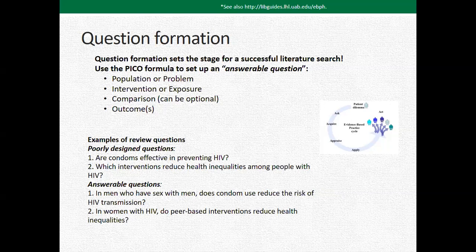The second one at the top is, which interventions reduce health inequalities among people with HIV? A better way to ask that, again, is focusing that population a little bit more: in women with HIV, do peer-based interventions, a particular type of intervention, reduce health inequalities?